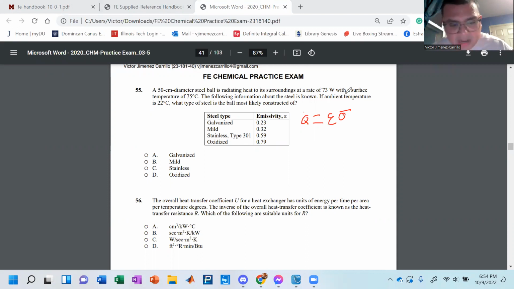I think it's the Boltzmann constant. I don't remember what constant it is, but it's a constant that is 5.67 times 10 to the negative 8th forever. That is what that means there.